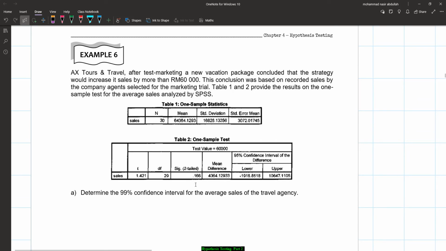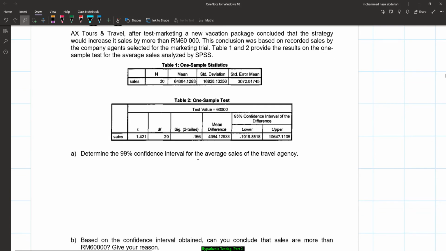So example number 6 is also the same. We need to determine the 99% confidence interval of the average. We just put x bar plus minus t alpha divided by 2 with degrees of freedom. Wait, I think we cannot put t here.